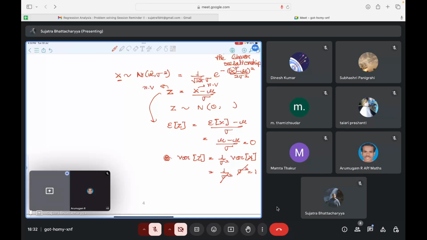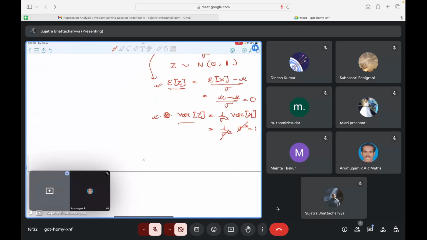Therefore, if z follows this kind of a function relationship with x, that is x minus mu by sigma, it will be normal distribution, no doubt, based on the previous thing what I have told you. But its population parameters can be calculated using expectation values and variance. So what it will be? N(0,1). So just remember this.